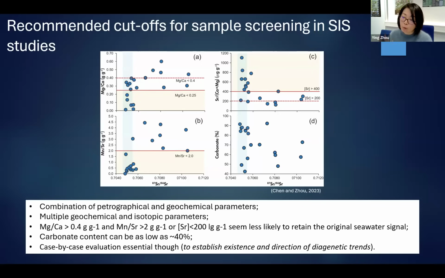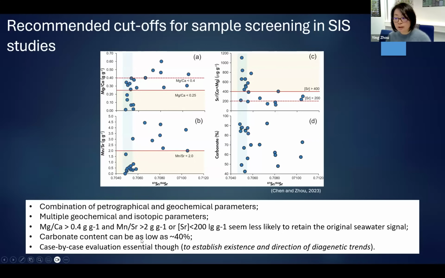So all the data need to be looked at thoroughly, and if the sample has a parameter higher than our recommended threshold, then it is less likely to retain the original seawater signal.